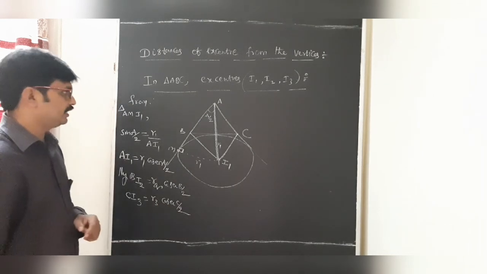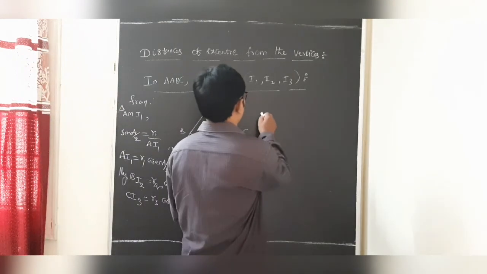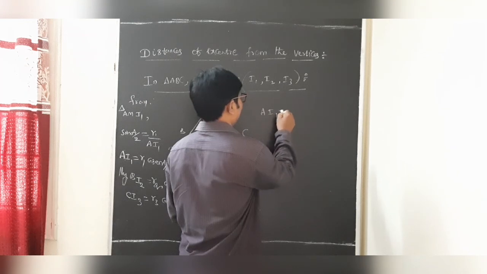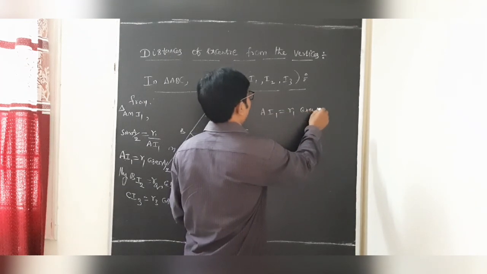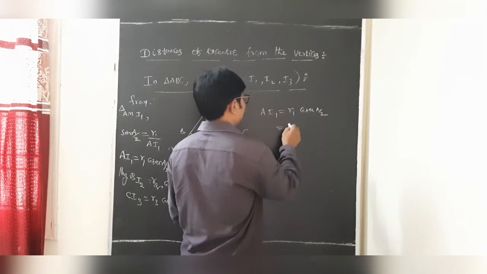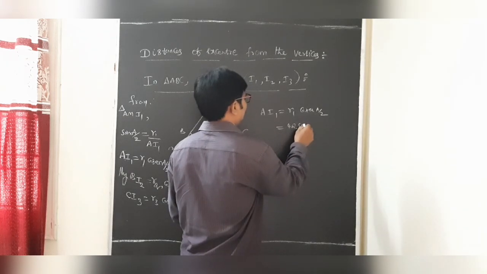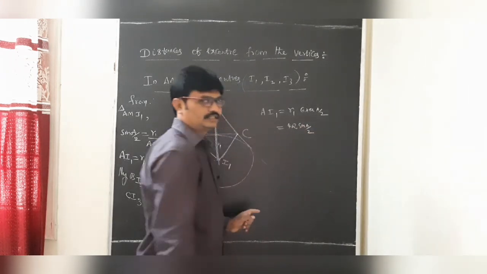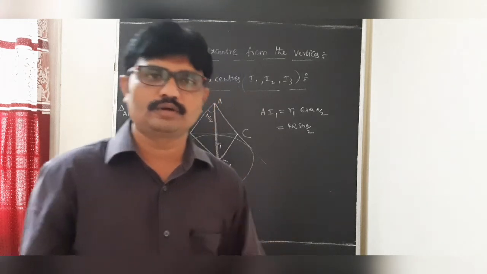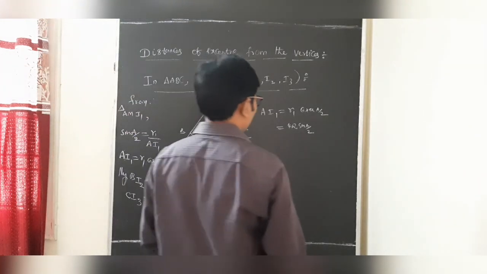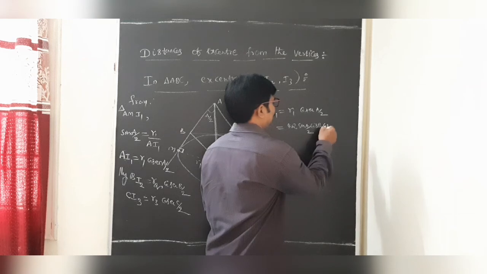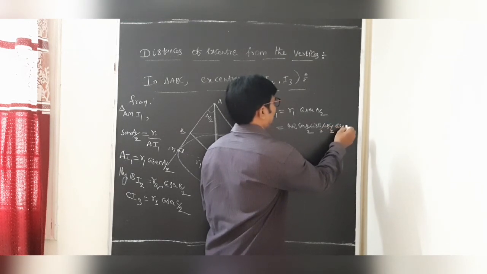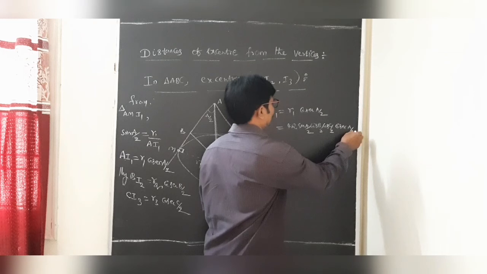So students, we can write this in terms of capital R. AI1 we got as r1 cosecant of A by 2. Everybody knows that r1 is 4R sin A by 2 into cos B by 2 into cos C by 2, multiplied by cosecant of A by 2.